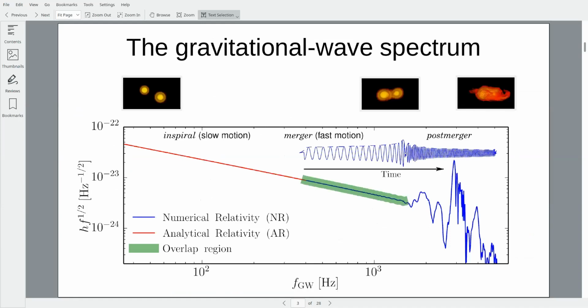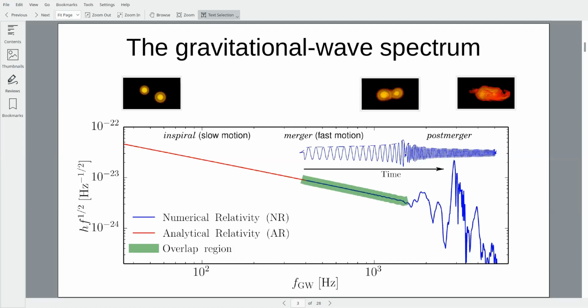So this is a sketch of the expected signal as we understand it today. Essentially, at the considered frequency, what we witness is a transition from the quasi-circular adiabatic motion that we know from, say, post-Newtonian perturbation theory or formalism to a fast motion regime, and then the contact of the two stars and the merger.